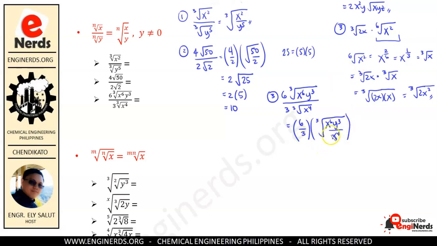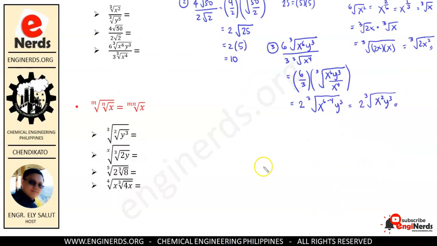Now, we should apply the laws of exponent. Kapag meron kang exponent sa numerator and denominator having the same base, you just need to subtract yung kanilang exponent. So, we'll have here 6 divided by 3 is equal to 2 times the cube root of x to the 6 minus 4 y cube. So, this will be equal to 2 cube root of x squared y cube. And this is our final answer.